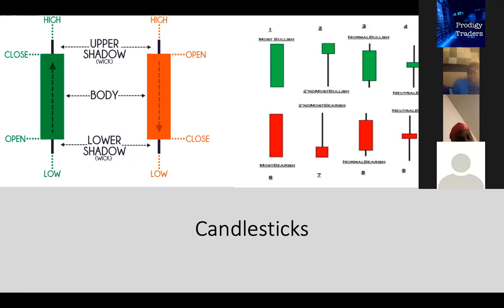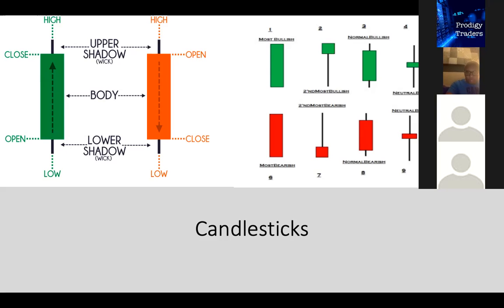Bearish is red, bullish is green. Each candlestick shows you who's in control, the buyers, which is the bull market, or the sellers, which is the bear market. The body of this candlestick shows you, in a sense, the strength of the candlestick.